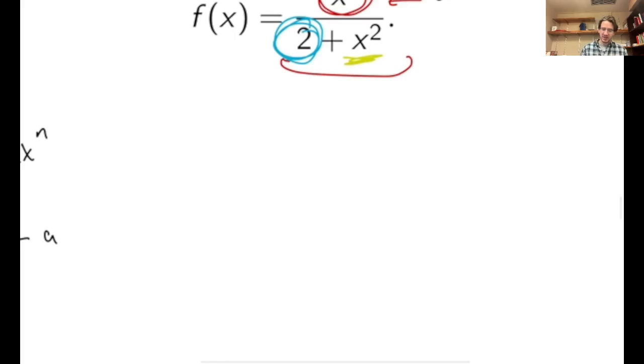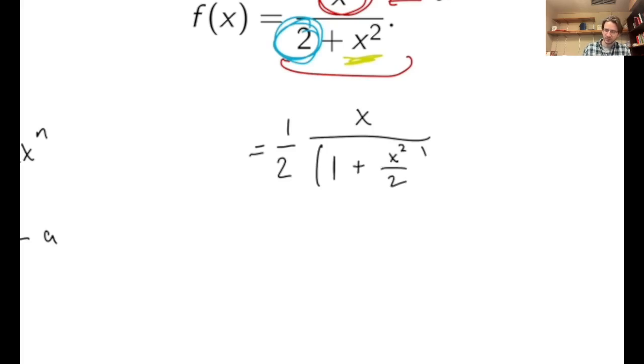I want to turn that 2 into a 1 somehow. So what I'm going to do is factor that 2 out from the denominator, and because a constant out in front of a function, we know how that affects power series. That just multiplies the power series by that constant. So if I factor that 2 out, I'll be left with 1 plus x squared over 2.